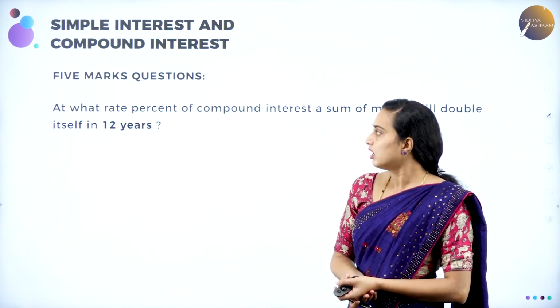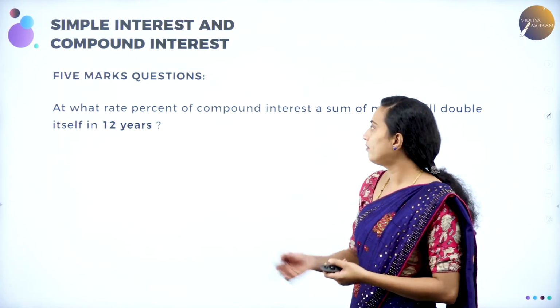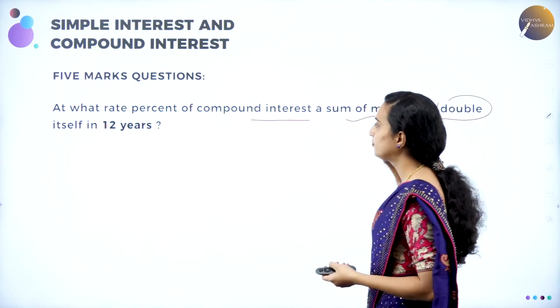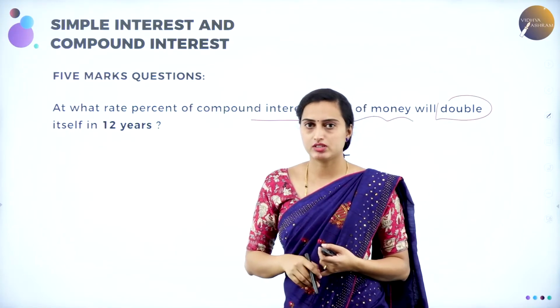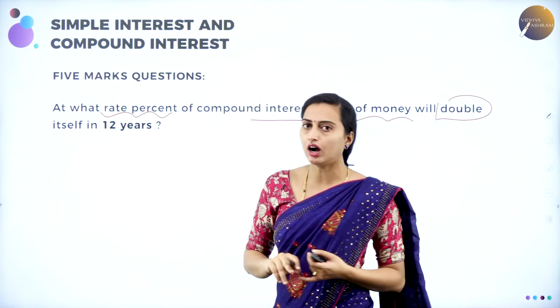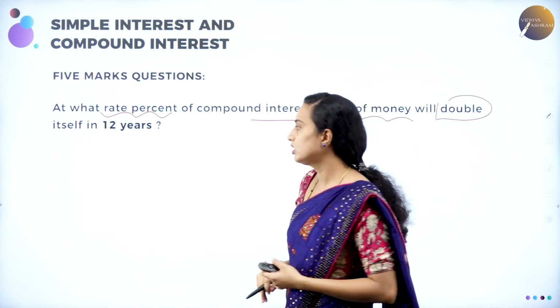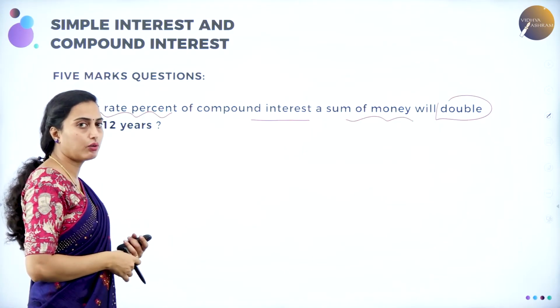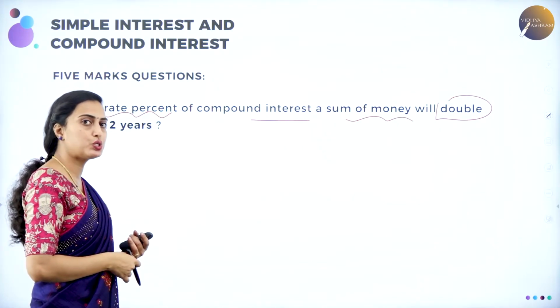They have asked at what rate percentage of compound interest a sum of money will double itself in 12 years. So, they have asked here again the rate percentage, that means R. Let me find out. So here, a sum of money will double means A will be equal to 2x.